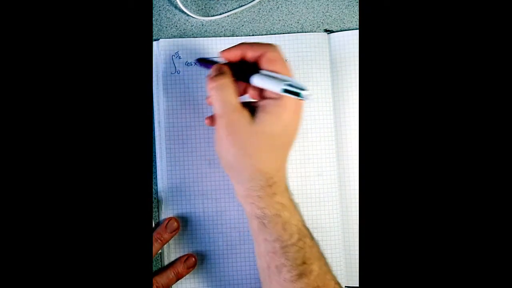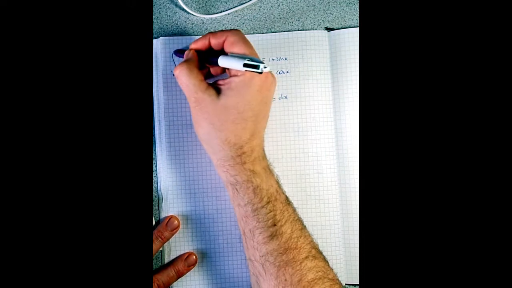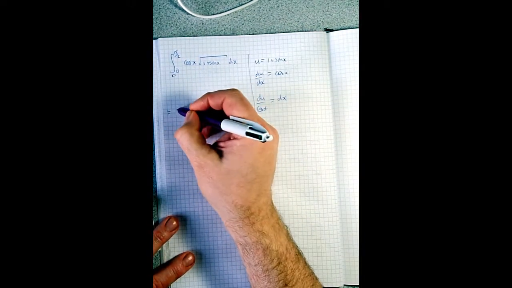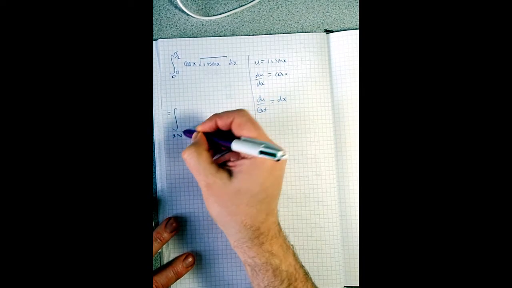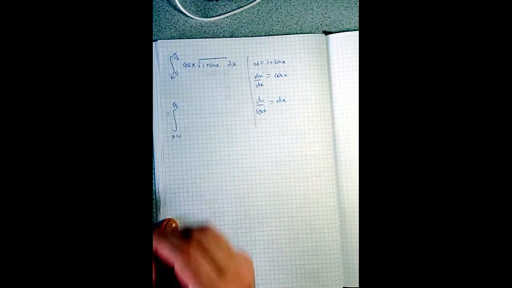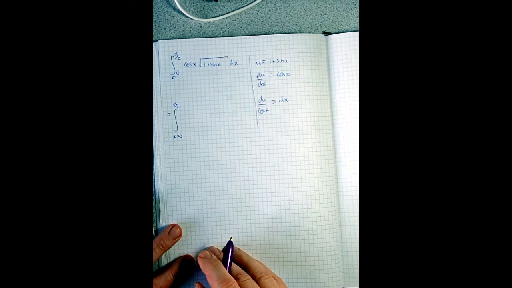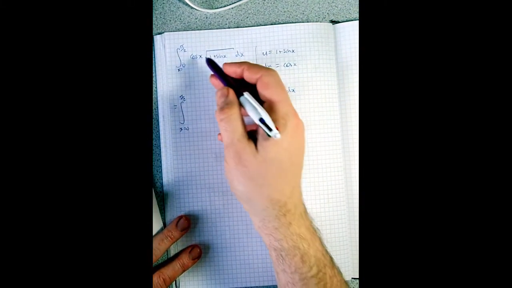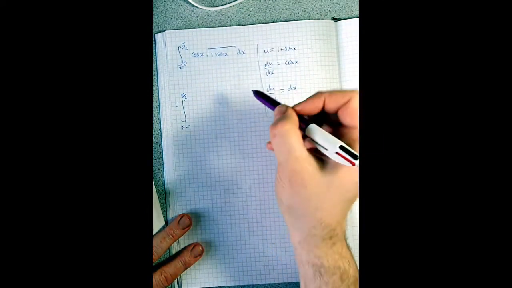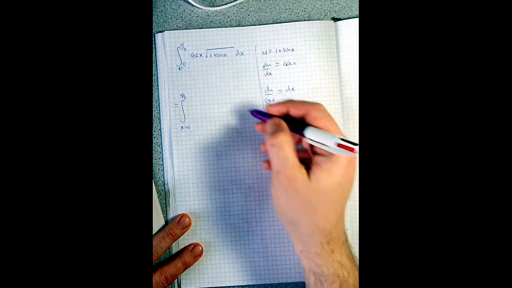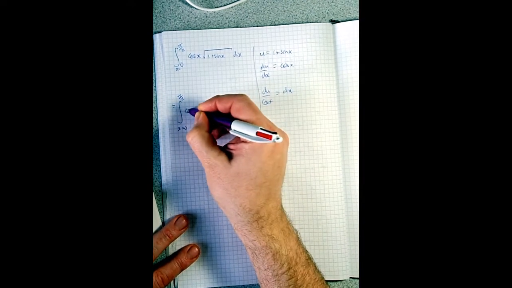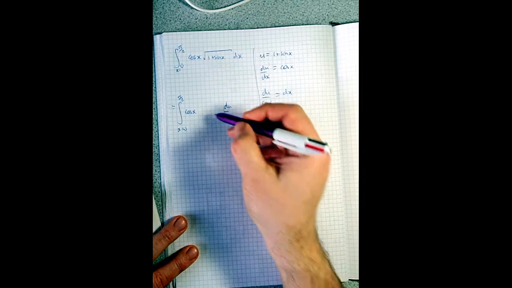Not forgetting that my limits are x. Let's leave them in x for the time being. X equals 0 to pi over 2. Well, as I say, replace my dx with du over cos x. So clearly it's going to cancel with that cos x.